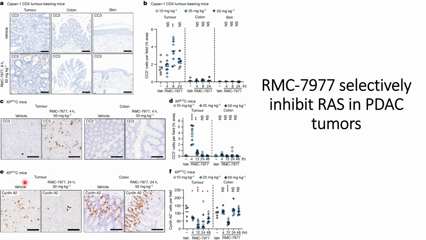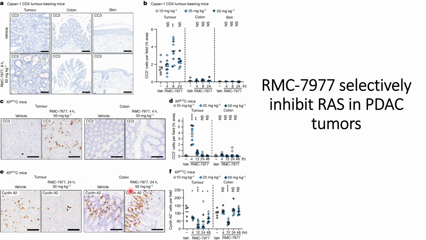After validating the apoptotic marker CC3, they also checked a different marker, cyclin A2, which is necessary for the proliferation of cells. Here also they find the expected results: in the case of tumors, the cyclin A2 levels go down, that is, proliferation of the tumors goes down at 24-hour intervals when injected at 50 milligram per kg.